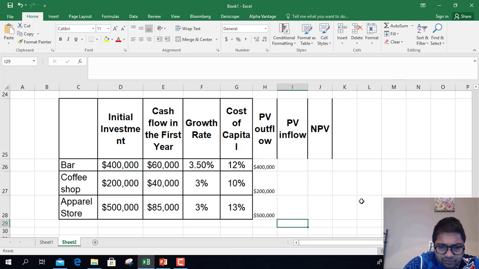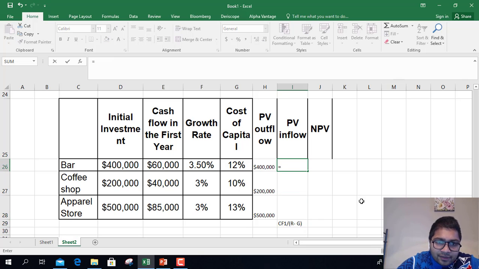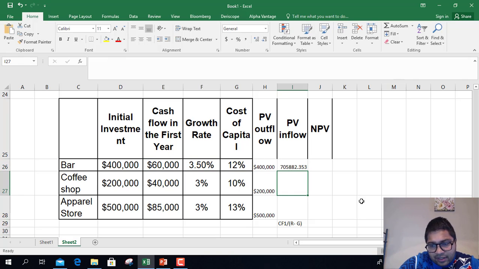Present value is cash flow in the first year, CF1, divided by the rate of discount, that is cost of capital, minus growth rate, so R minus G. So if you do that, 60,000 cash flow in year 1, divided by R 12% minus G growth rate 3.5%. So this is cash inflow.